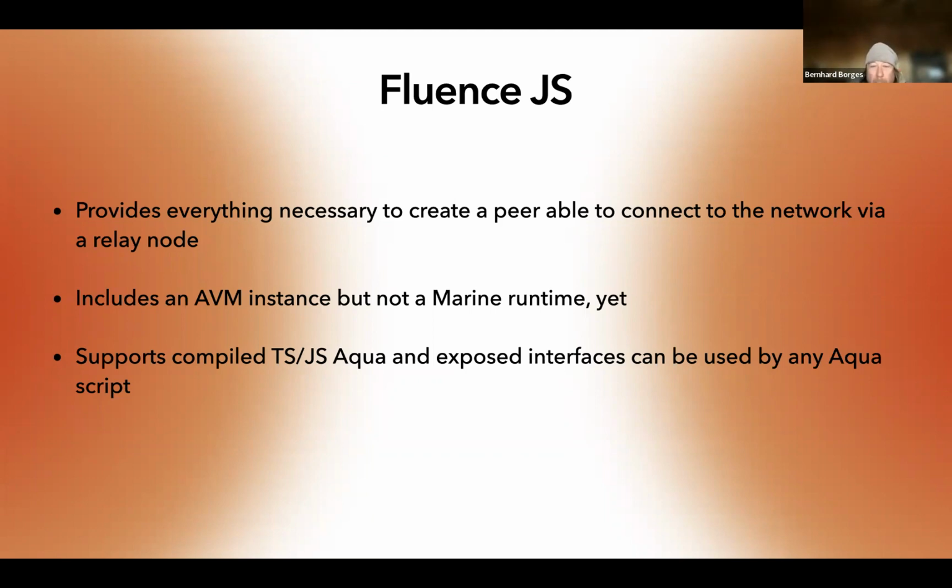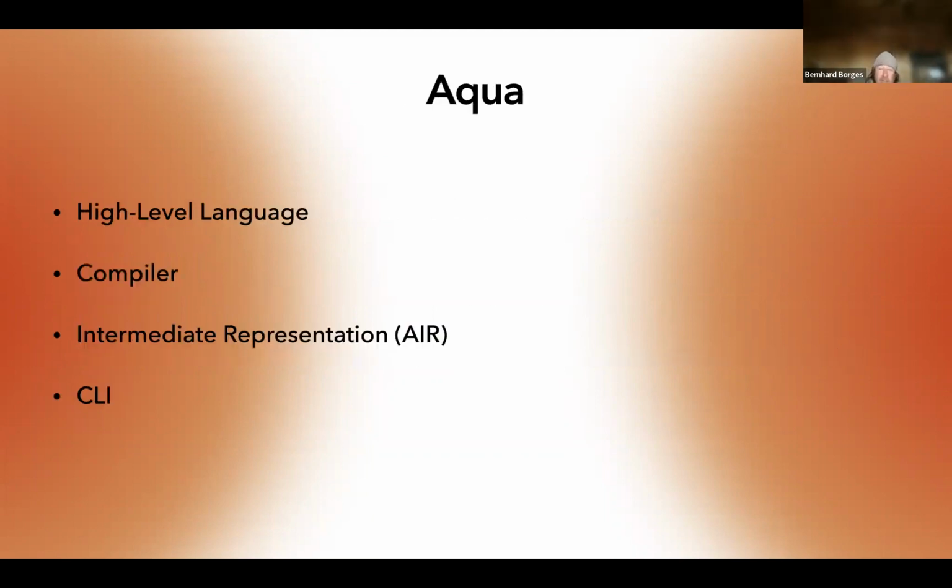Then we have Aqua. Aqua is a high-level language, and Aqua is what makes everything come together and work. Particularly from a protocol and application development perspective, it is the entry point into the entire system. It's a high-level language, and a compiler that takes the high-level language and turns it into an intermediate representation.